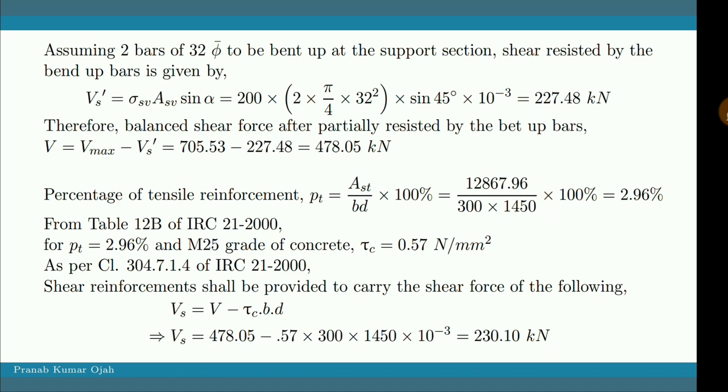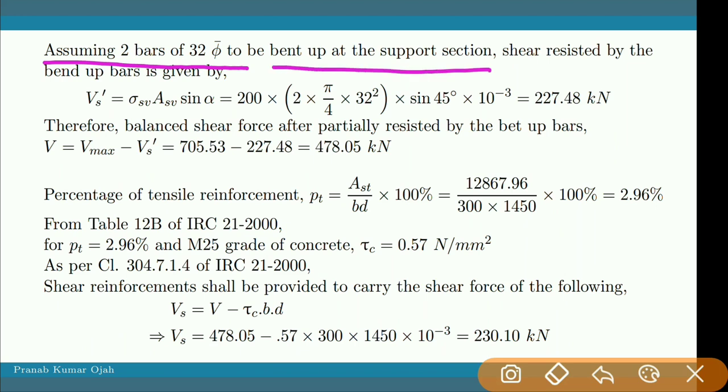Among the 16 bars of 32 mm, if we provide 2 bars of 32 mm as bent-up bars near the support on each side, then the shear force resisted by the bent-up bars is given by this formula. In this formula, sigma SB is the permissible shear stress of steel, which is 200, and this is the area of reinforcement which will act to resist the shear force, and 45 degrees is the angle of the bent-up bars.